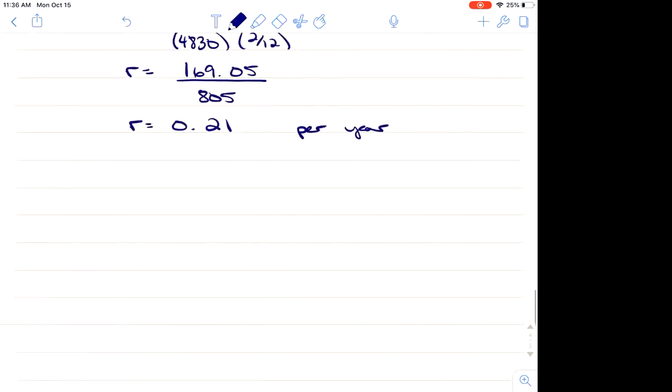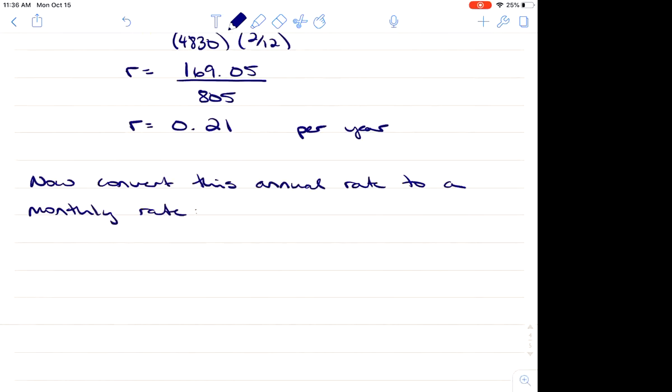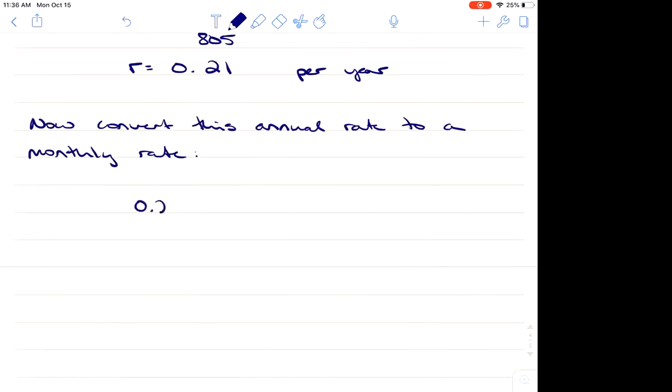So now, convert this annual rate to a monthly rate. So we get 0.21 divided by 12, 0.0175, or 1.75% per month.